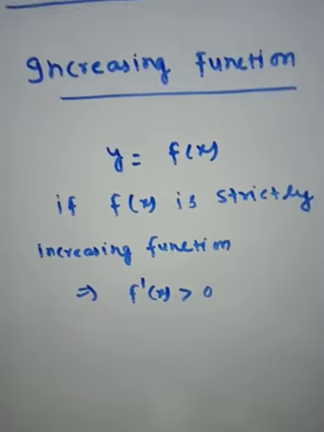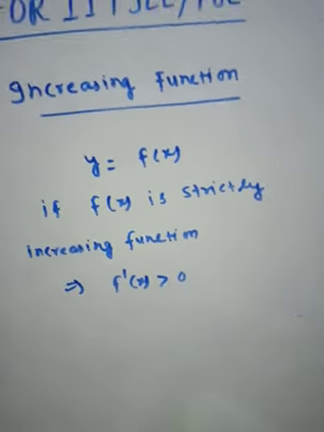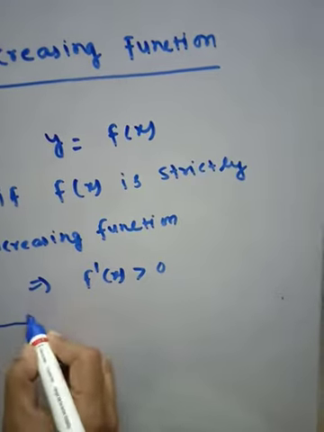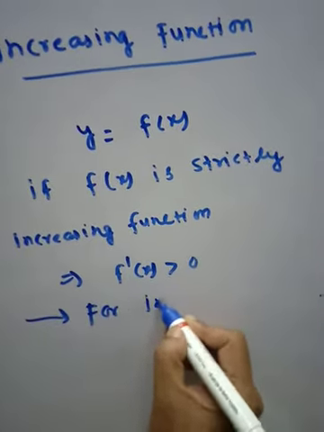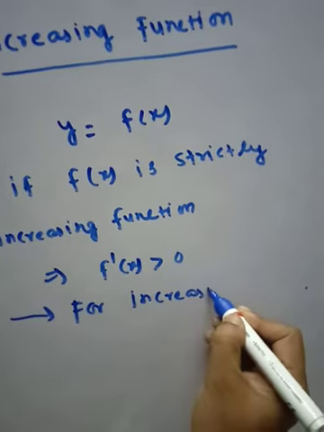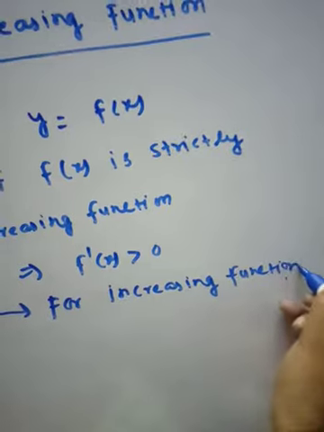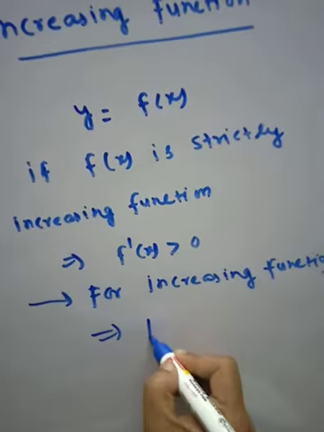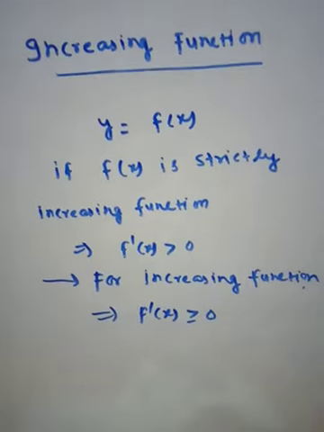So the condition for strictly increasing is f dash x greater than 0. And for only increasing, not strictly increasing, f dash x should be greater than or equal to 0.